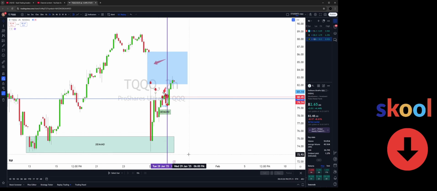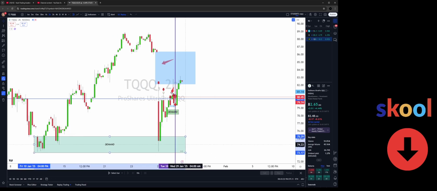And that's pretty much what my whole bias was, to continue looking for longs because we're still holding this here. And then from there, I can look for smaller zones and things like that to continue betting this to go up, which is demand zones, because there is demand behind this price at the moment, and that's just why the market is shooting up right now.